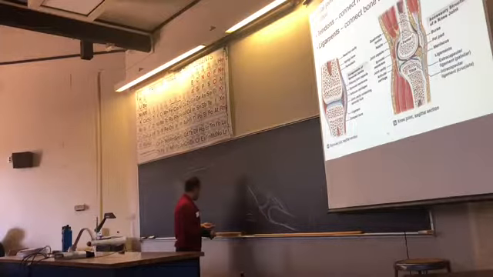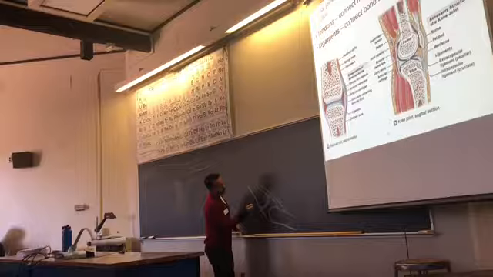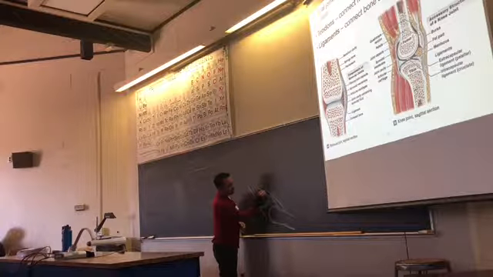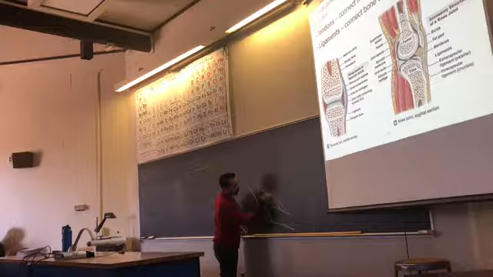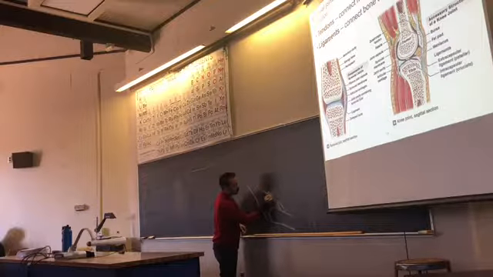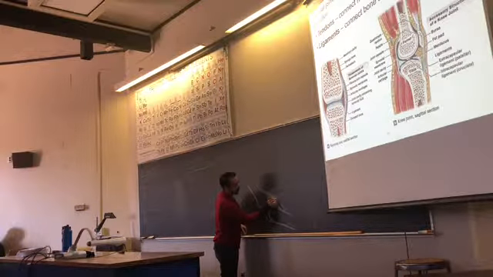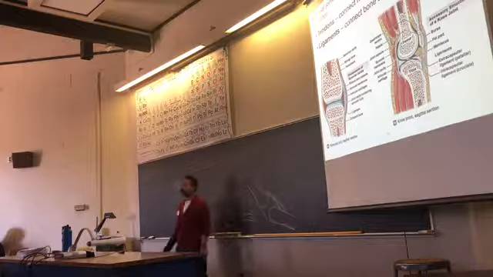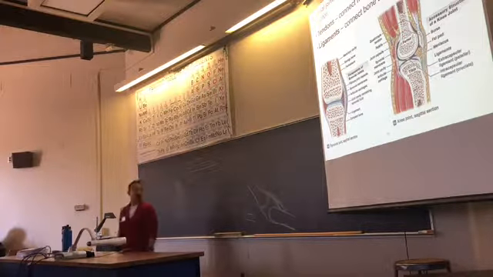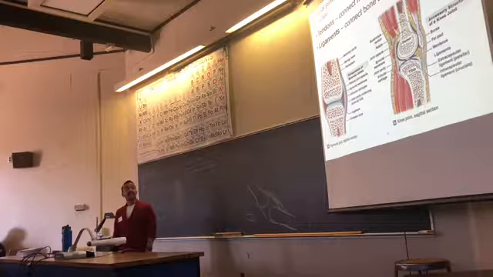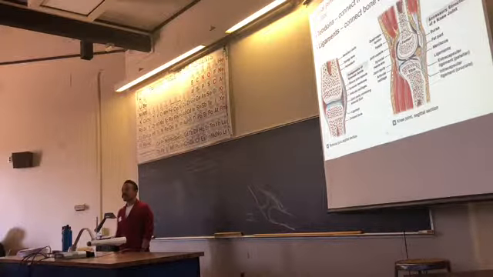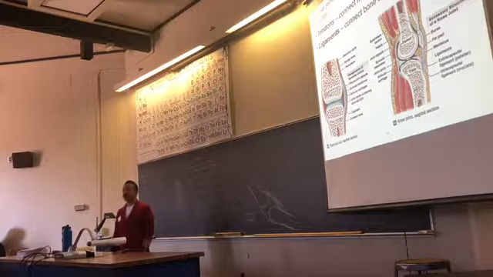So let's draw in a ligament. Ligament is bone to bone, tendon is muscle to bone. What's the connective tissue they're made of? Dense regular. Dense regular.